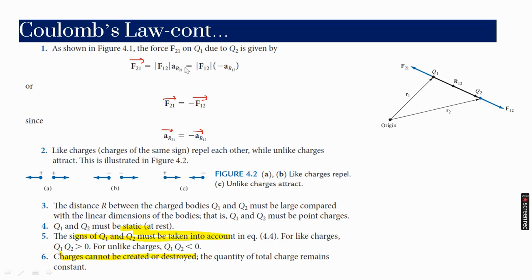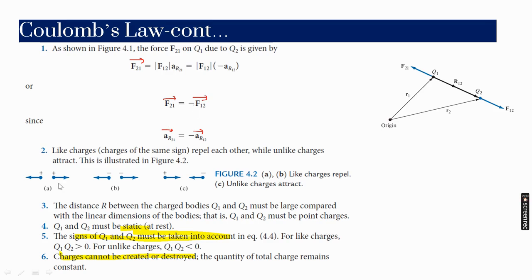If I want to replace it by the previous unit vector, that is R12 instead of R21, I have to put a negative sign because the unit vector is in the opposite direction.